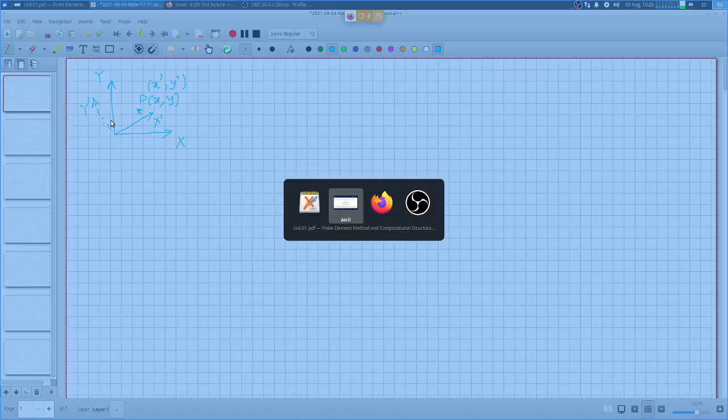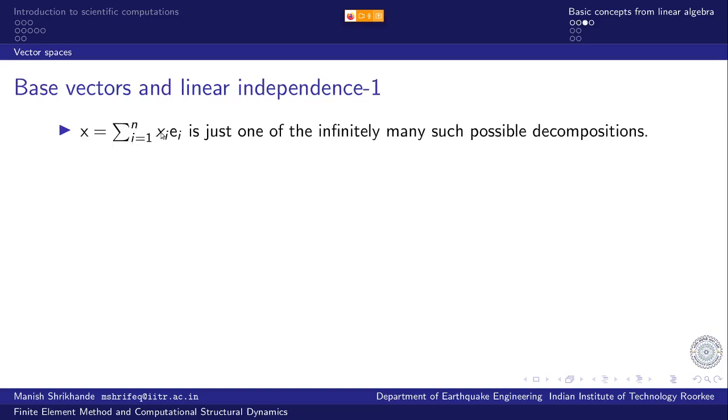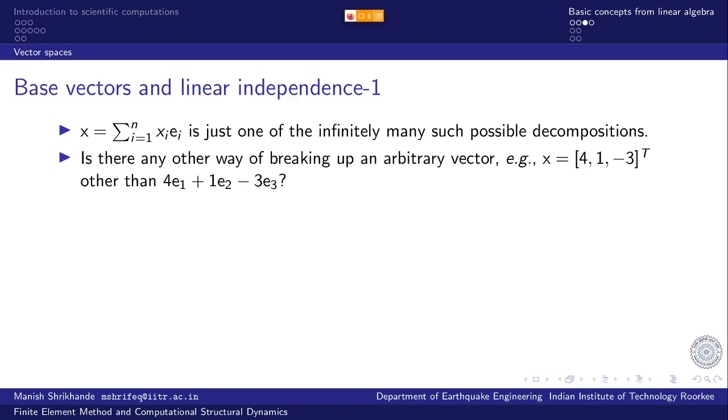So that linear combination of xi times ei, the Euclidean unit vectors, is just one of the infinitely many possible decompositions. There can be several other possibilities.